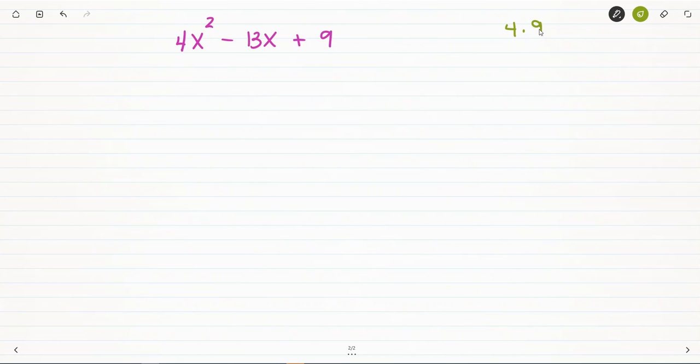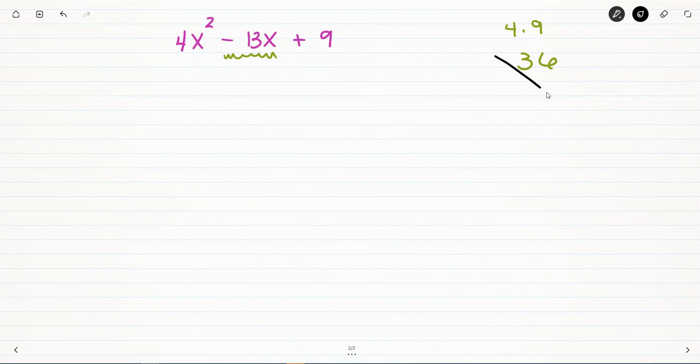I'm going to start by looking for that number chart, like that puzzle, to figure out what way I can break this negative 13x. The way I do that is I multiply the 4 and the 9, which gives me 36.